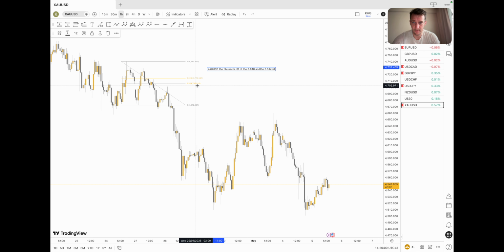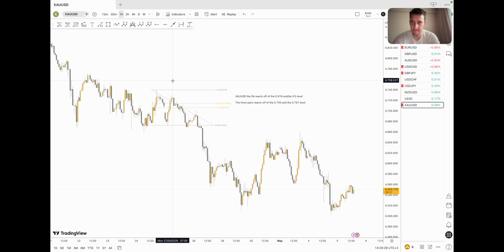that the Fibonacci levels for gold react differently than the Forex pairs, and the Forex pairs react off of the 0.705 and the 0.791 level. Okay, this is for Forex pairs, and what I mean by that is this.